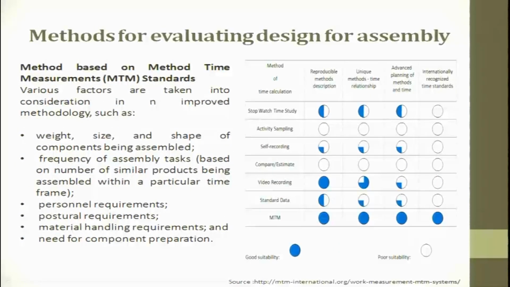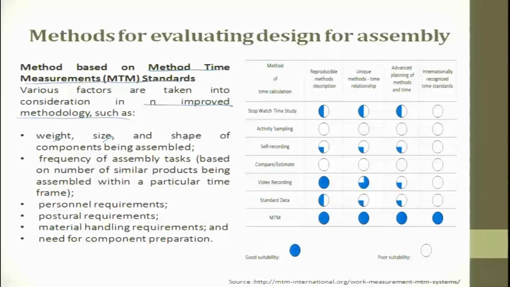In methods based on method time measurement standards, various factors are taken into consideration in improvement methodologies such as weight, size, shape of the component being assembled, frequency of assembly task, personal requirements, postural requirements, sitting down.